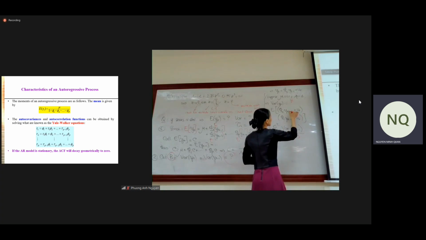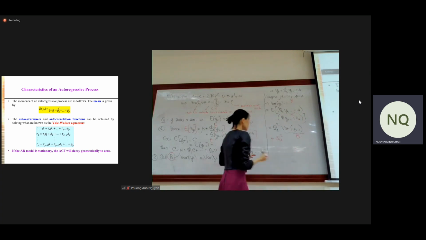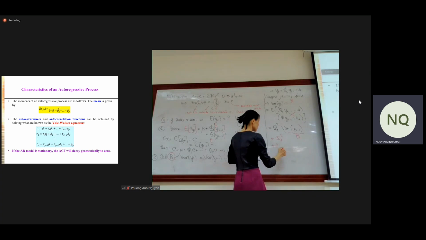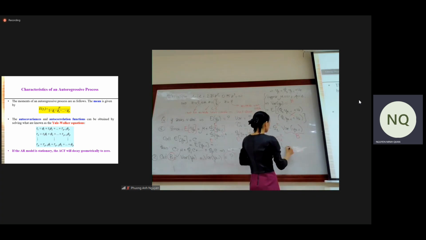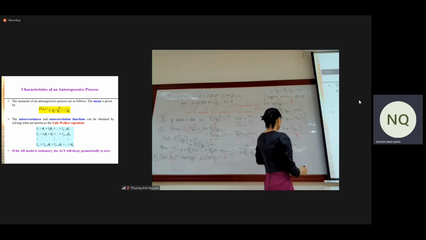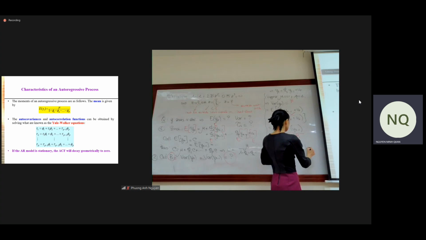How about the cross product? What do you think? Something like 0. Maybe I write down first twice the expectation of phi 1 yt minus 1 times ut.